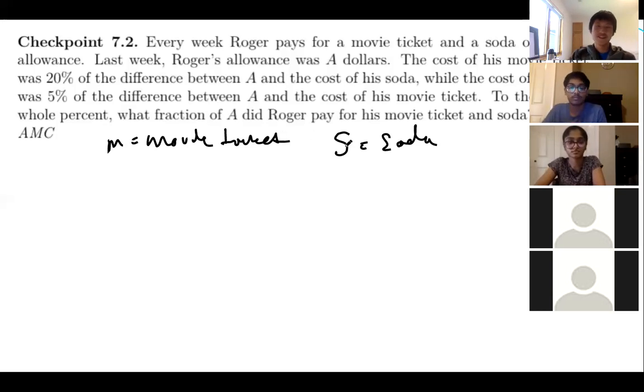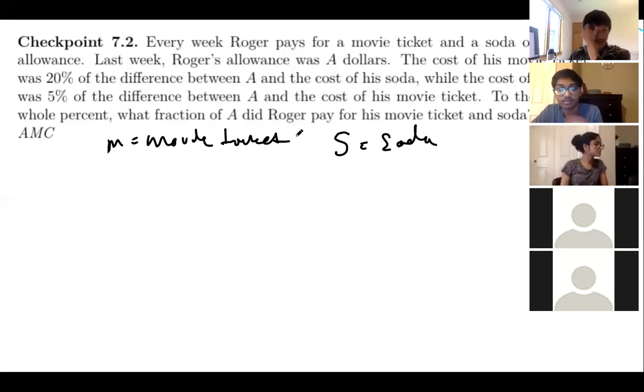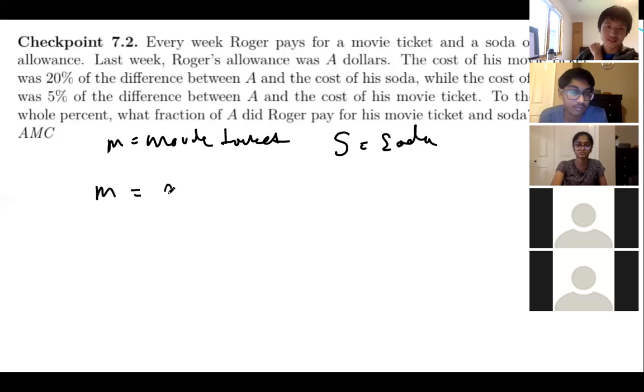And it's the AMC, so it wants the nearest whole percent. But yeah, that's correct. So the cost of his movie ticket was 20% of the difference between A and the cost of his soda. So that means M is 20% of the difference A minus S.